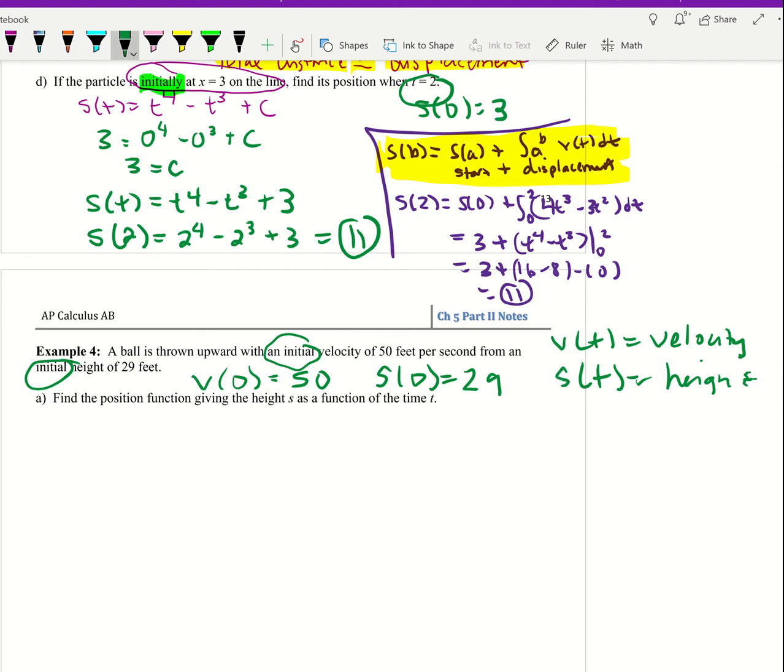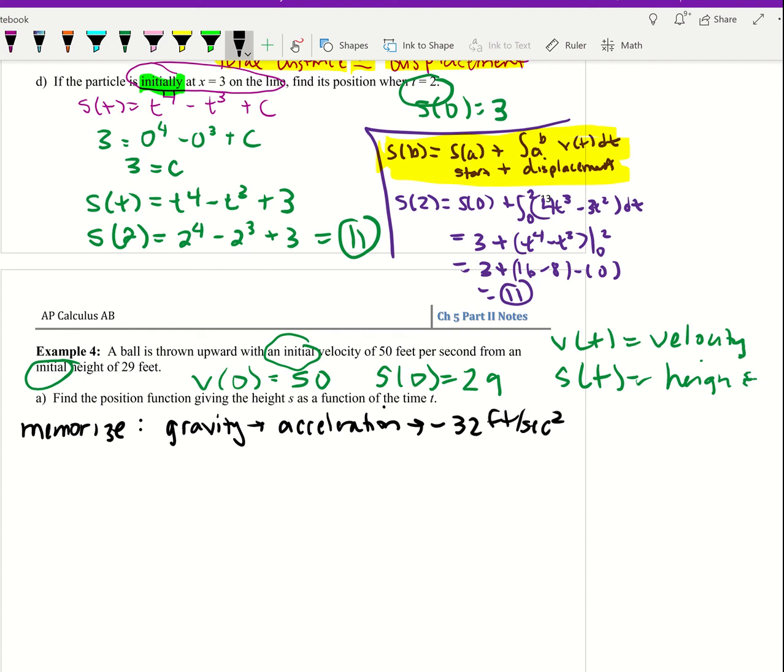So what we want to do here is write the equation for the position function. You might feel like you don't have enough to start off with. You kind of have to memorize this next part, okay? What I need you to memorize is that the only thing working on this ball after it's thrown is gravity. Gravity can also be thought of as acceleration, and gravity as an acceleration is equal to negative 32 feet per second squared.